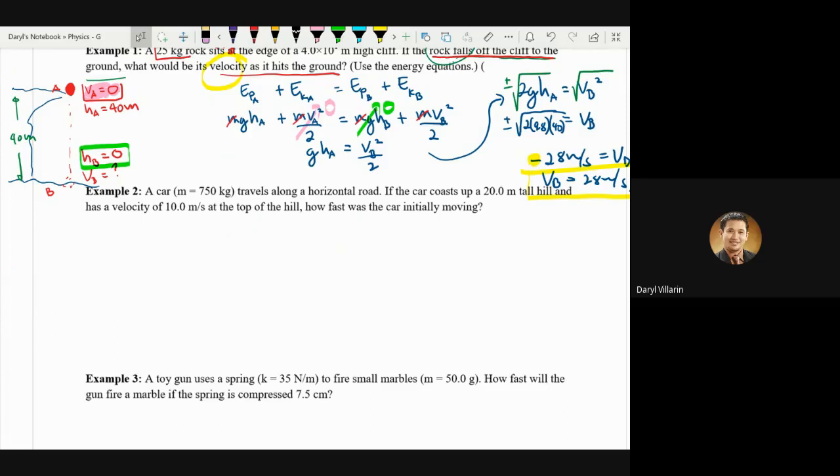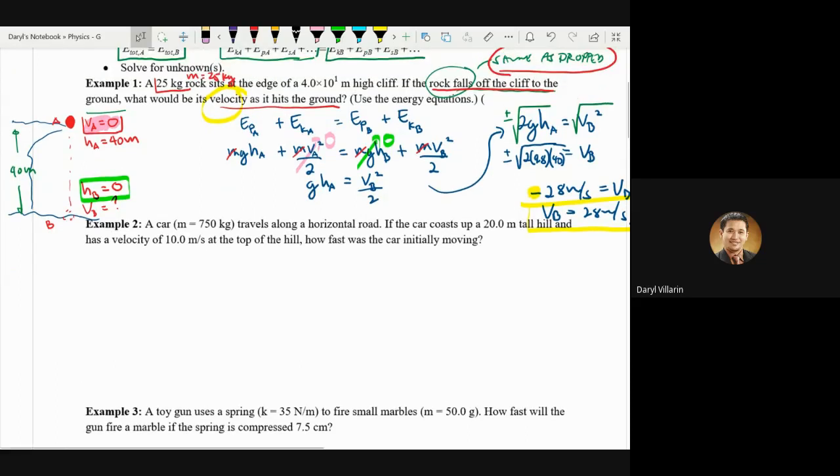So for this type of question, since it's conservation of energy, you're just looking at two different points. Because along the way, at any point in time, like between A and B, let's go back to example number 1, the total energy as it moves down would just be equivalent. It would not change.